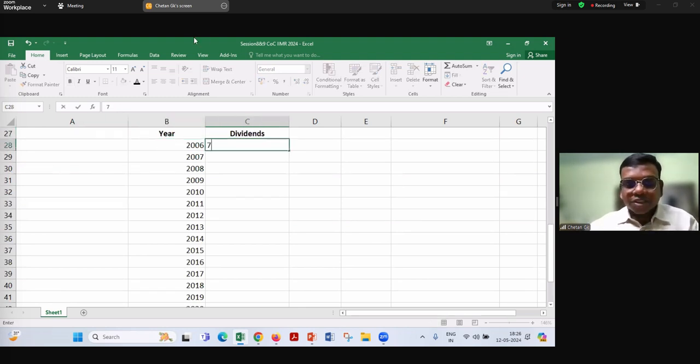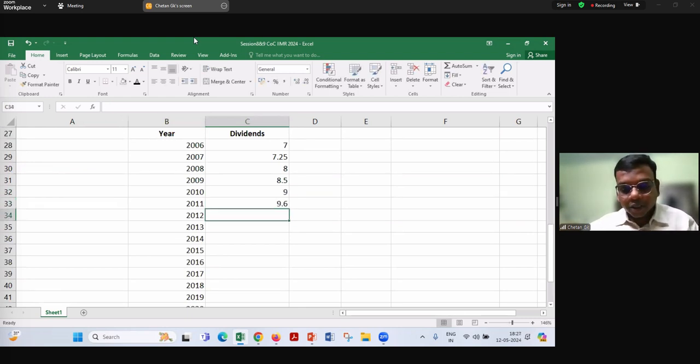So the company started paying in 2006. The company has paid a dividend of 7 rupees. These are assumed figures, I'm just making an assumption. Then 8 rupees. For the project you're doing, you'll be taking up the dividends paid by your company. The company paid the same dividends in 11, 12, and 13.